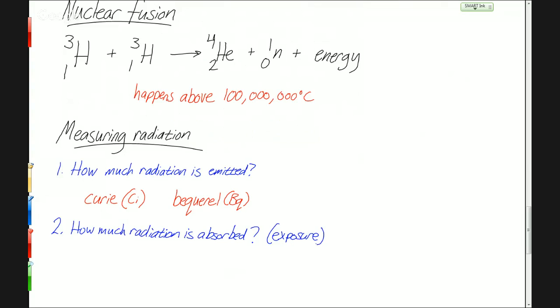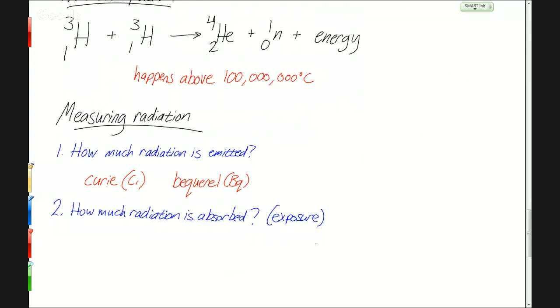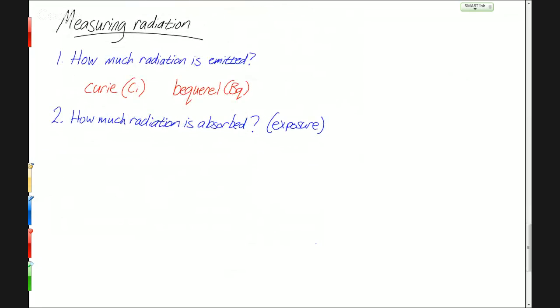Like for you, how much radiation are you getting? If you're somebody who works with radioactive substances, or you work with even things like X-rays, you'll probably wear some kind of a monitoring device so that an organization can check, something like OSHA can check, how much radiation are you getting? Are you getting too much? Are you getting a safe amount? That kind of a thing.